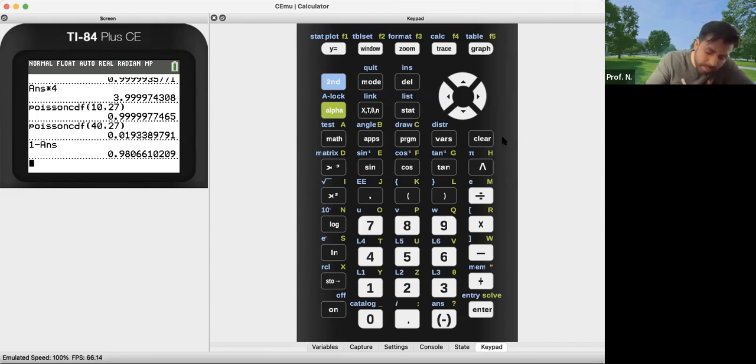So we have a joint probability density function of x and y. Pardon me for that.